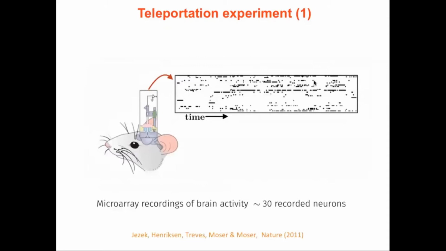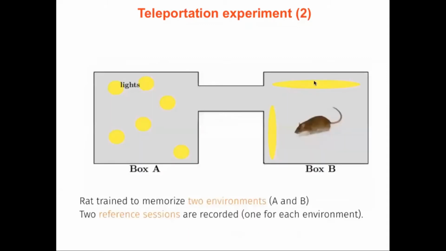What Karel did is that he had electrode recordings of the activity of hippocampal place cells, with a few tens of neurons recorded at any time. And an animal was located in two different rooms. These rooms were physically different, but identical in terms of dimension. They were about 60 centimeter wide rooms, and they differed only by slightly different light conditions.